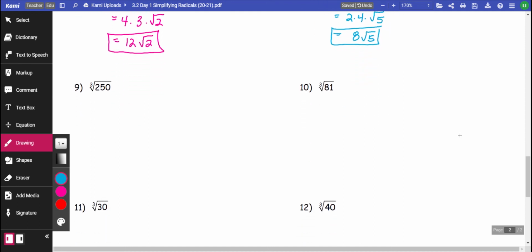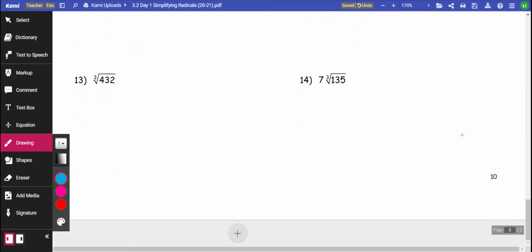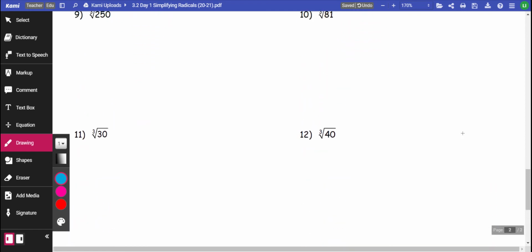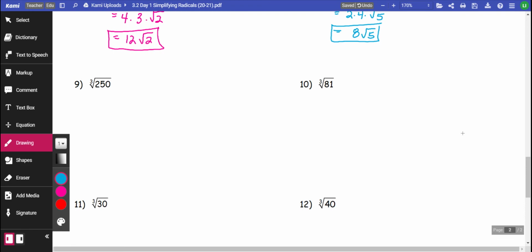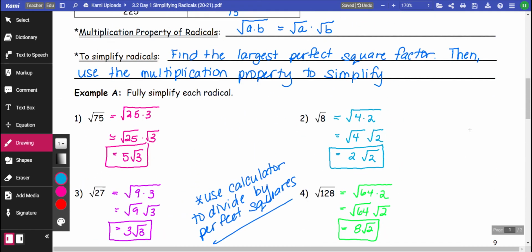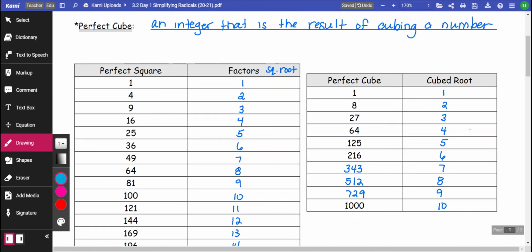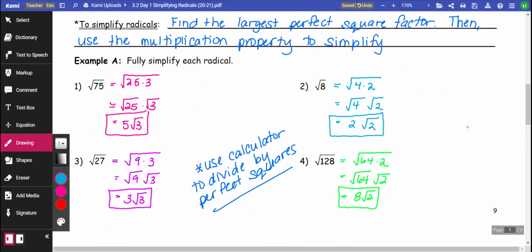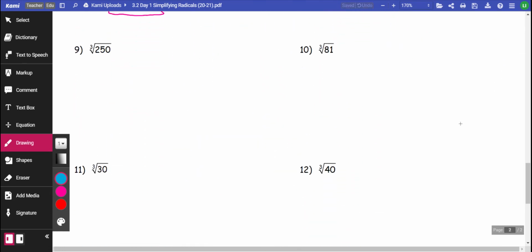All right. Now, in our next examples, you'll see as we scroll through, those are all cube roots. So we have to change our mindset just a little bit. Now we're looking at these numbers with our perfect cubes and then the cube roots. If I go back to number 9, I have the cube root of 250.